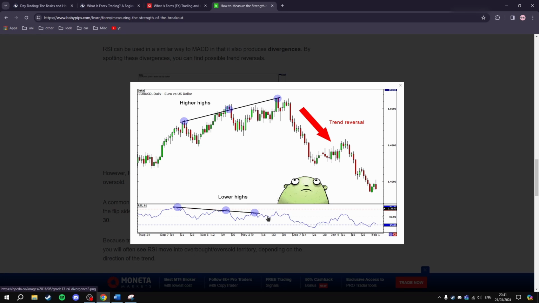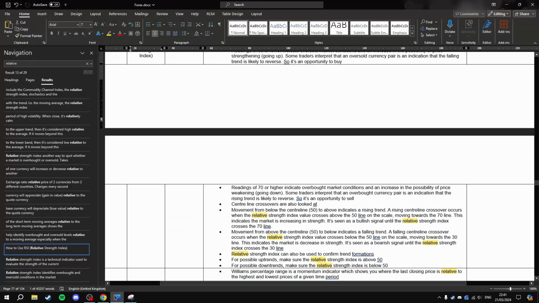So from here, movements, the center line below. Falling centerline crossover occurs when the relative strength index value crosses below the 50 line on the scale, moving towards the 30 line.